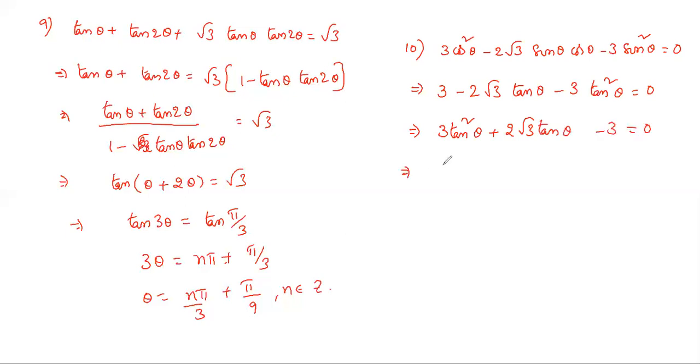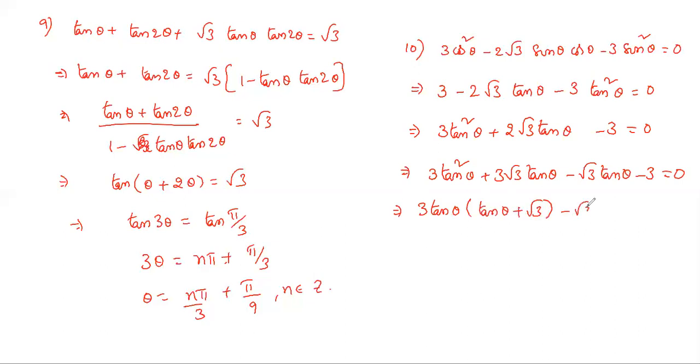So you can write the factors: 3 tan square theta plus 3 root 3 tan theta minus root 3 tan theta minus 3 equals 0. 3 tan theta common, so tan theta plus root 3, minus root 3 common, tan theta plus root 3 equals 0.